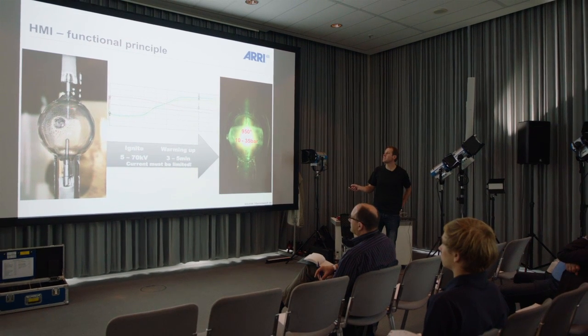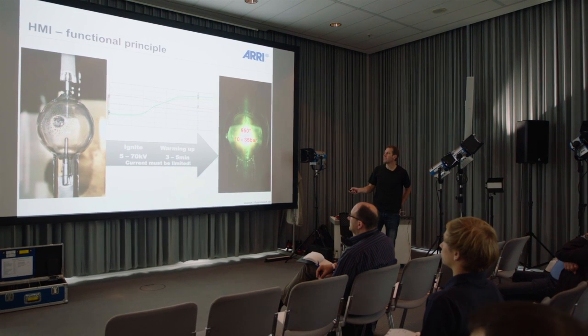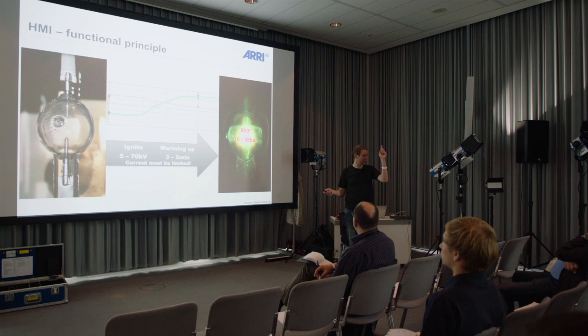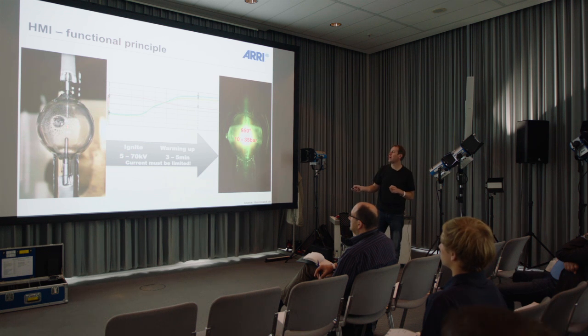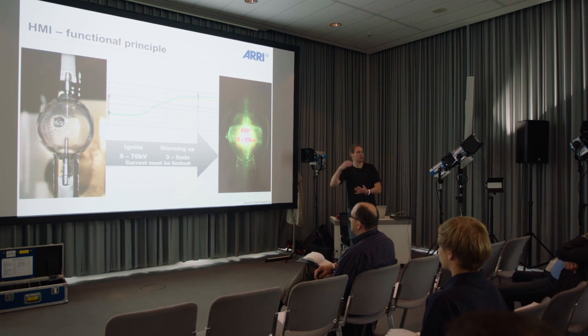The reason for this is HMI lamps don't have a filament like a tungsten bulb. They have 2 electrodes, and first there needs to be an ignition, a ray of light from this electrode to this electrode. So we have this ignition with a very, very high voltage, and after this, the system starts to build up.